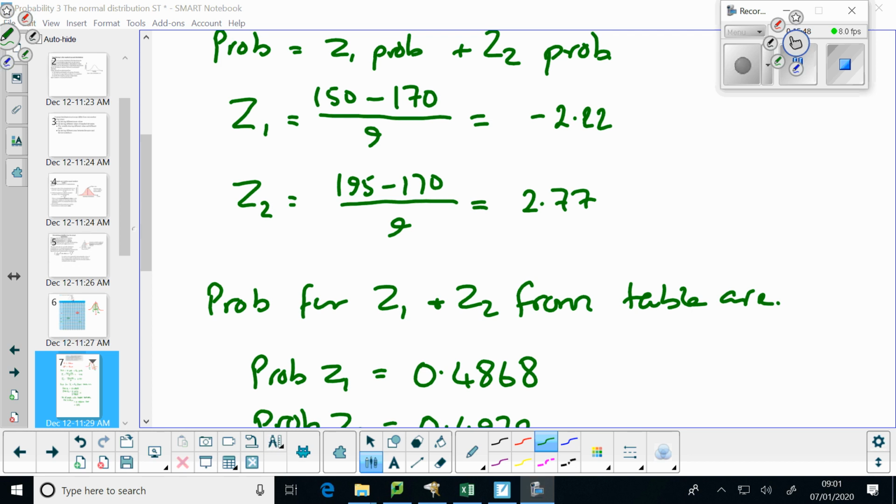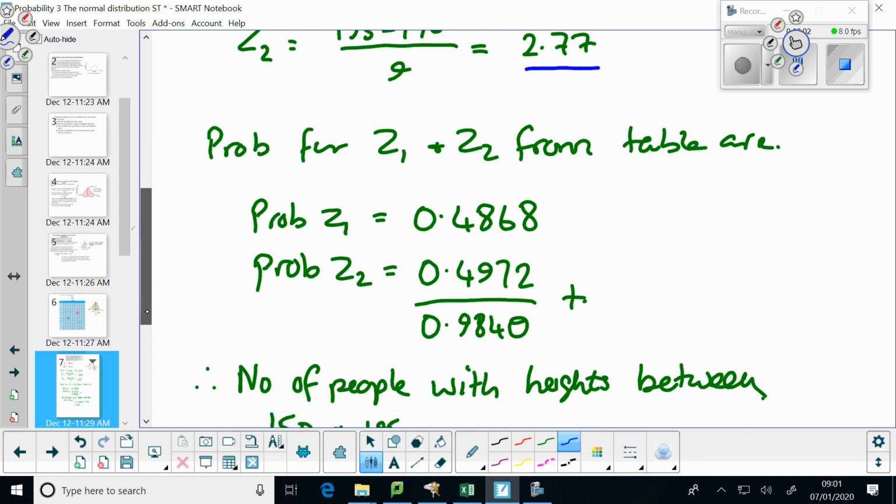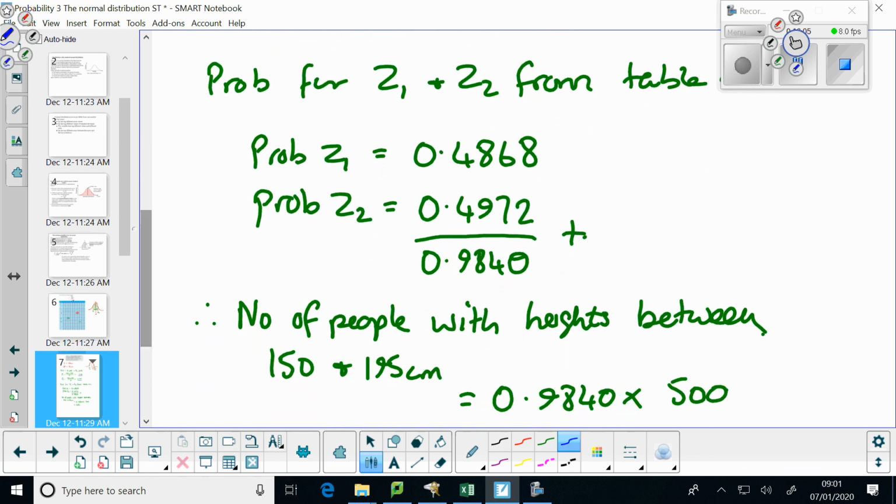What we've done here is found two Z values, Z1 for the area left of the mean, and Z2 for the area right of the mean. We've then used the table to find the two probabilities, the left hand side and right hand side, and added them together to get the overall area under the curve. That is equal to the probability of it being between those two Z values.